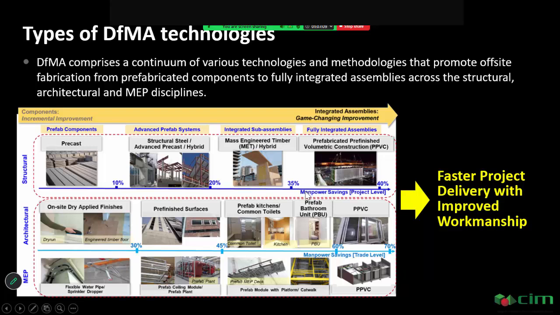So this translates to manpower savings from 10% to 40% sa structural. Now here in the architectural, from on-site to pre-finish surfaces, and then prefab kitchens, then volumetric na po, so 30% to 70%. That's quite a big savings in the manpower.